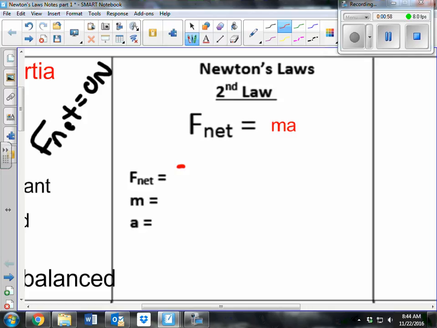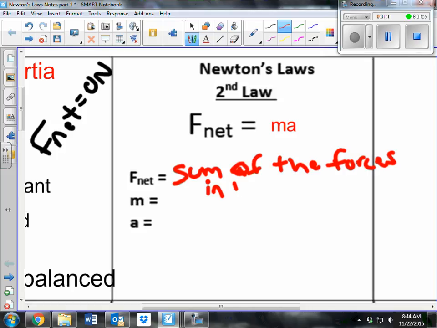So we have F net, which remember we defined in class as the sum of the forces. And usually it's a sum of the forces in the same plane. So remember, x's and y's are like Bloods and Crips, they don't mix.